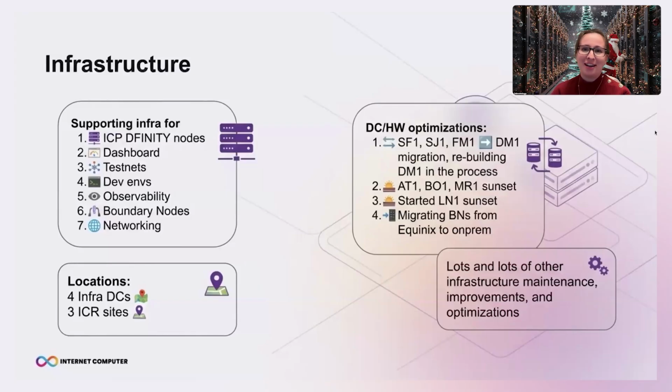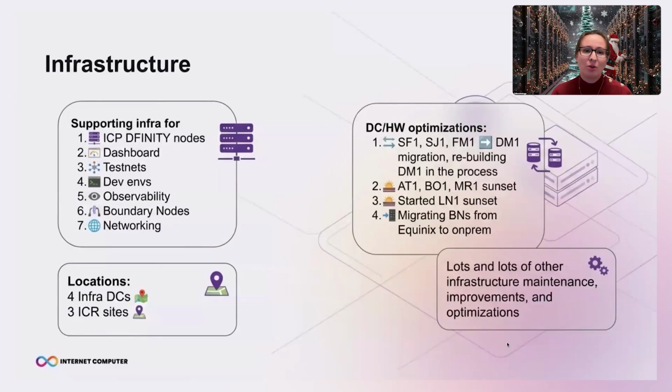To highlight how big the achievement is, I wanted to stress that our infra supports quite a few different things, from ICP DFINITY nodes that run in production to the ICP dashboard, the testnets that we run across different data centers that are mainnet-like, developer environments, and an observability stack across 3 different locations that helps us keep a good eye on the network.